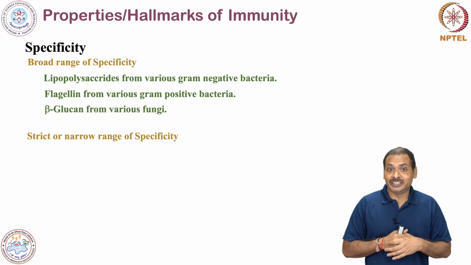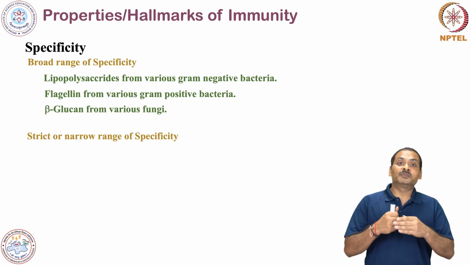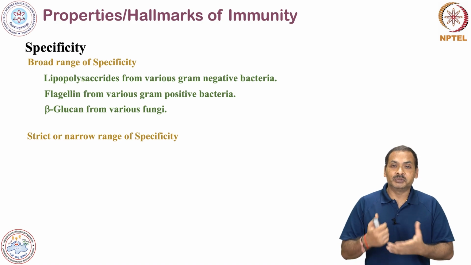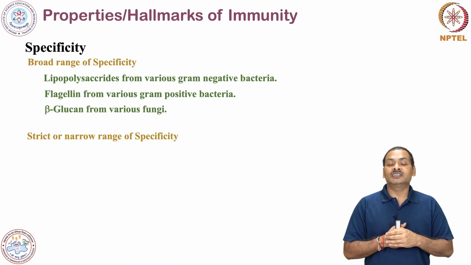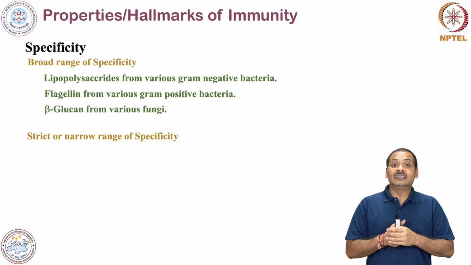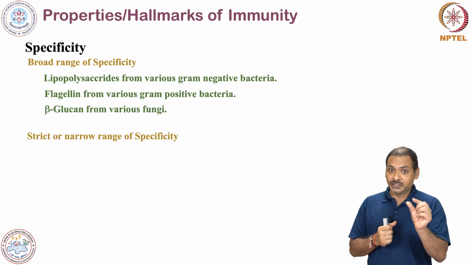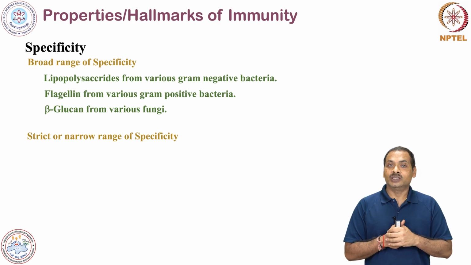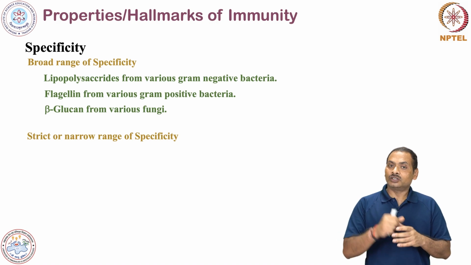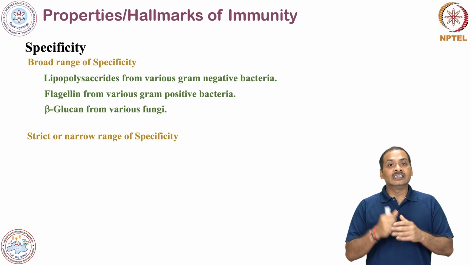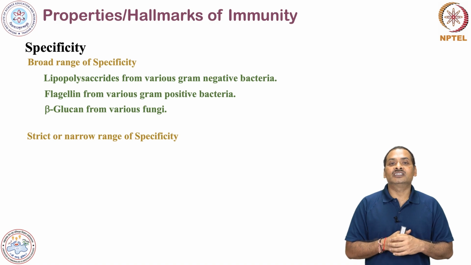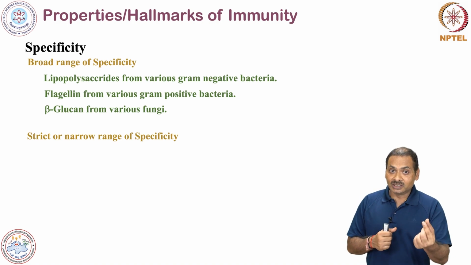If you see the antibody molecules which are produced by our adaptive immunity, these antibodies can sense a very unique structure in the molecule, and if you tweak this structure or make changes in it, then that antibody cannot recognize that particular antigen.